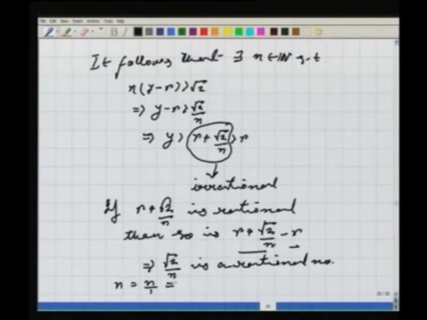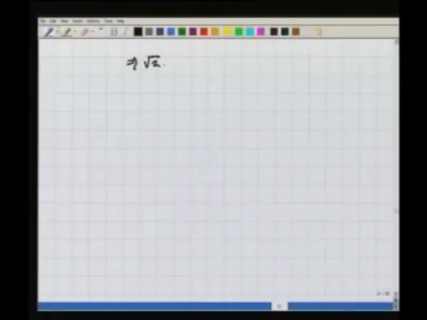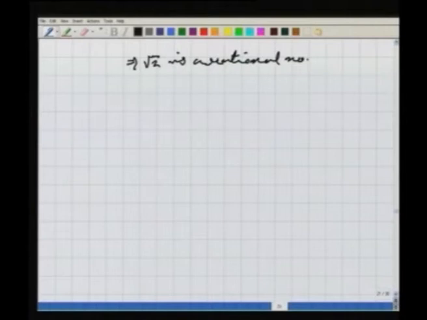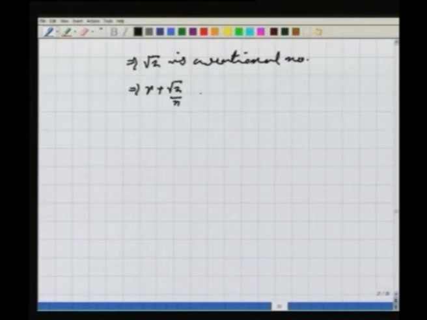This implies n into root 2 by n must be a rational number. Notice that n is a rational number, so is root 2 by n. This implies in turn that root 2 is a rational number. But that is a contradiction, because this is the first result we started with, that root 2 is an irrational number. This implies that r plus root 2 by n is actually an irrational number.